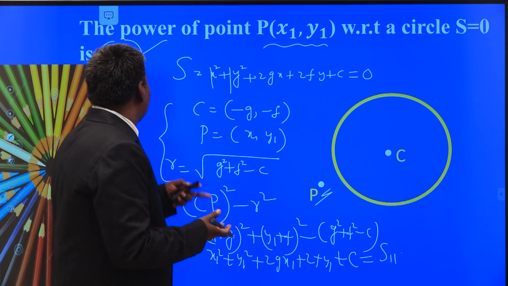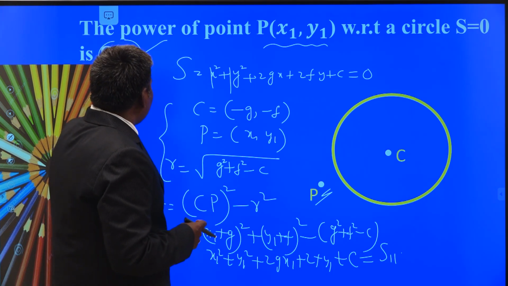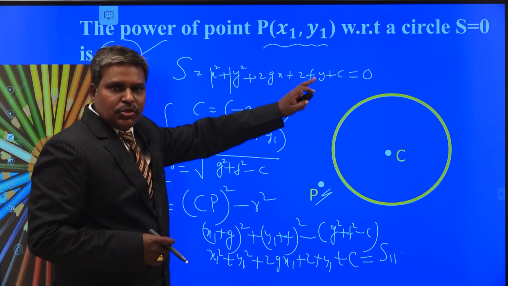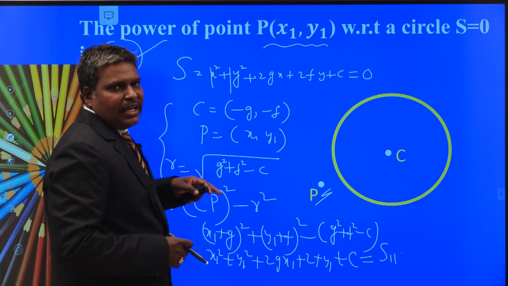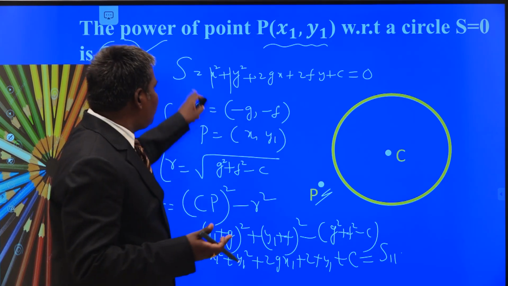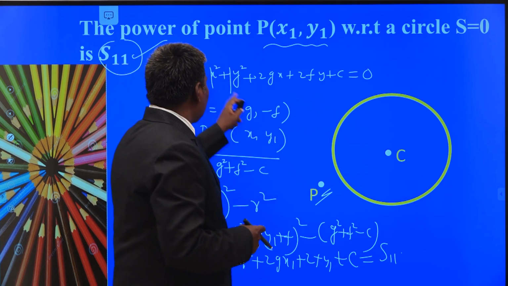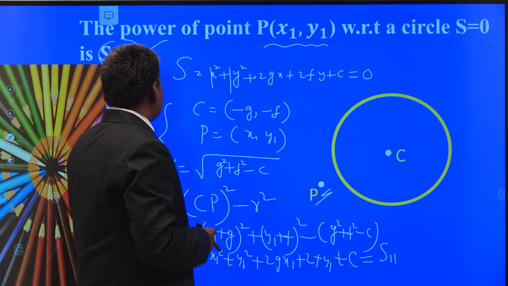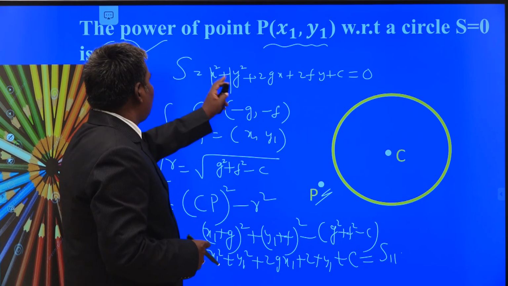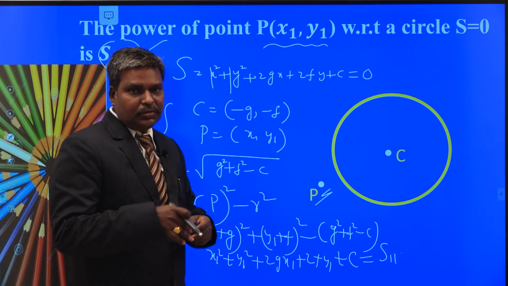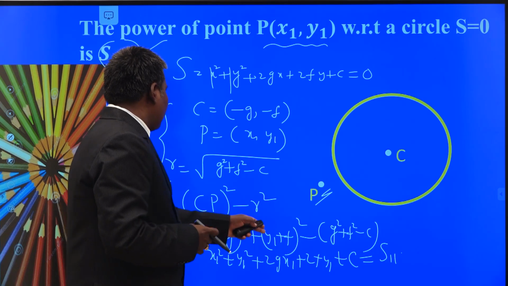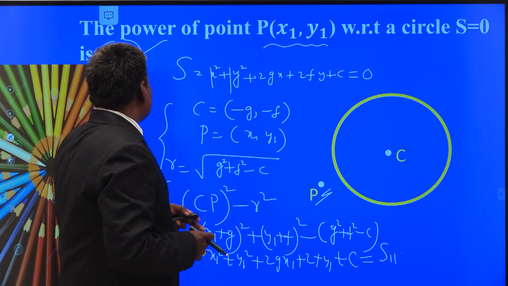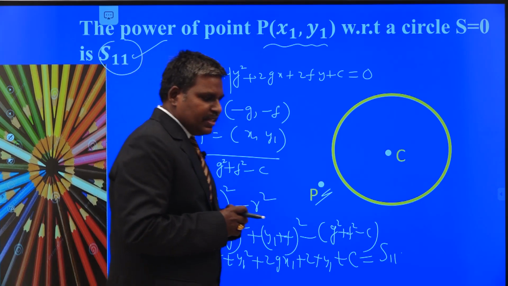S11 is defined for S, so when you write S11, your equation S must and should be in this form. Suppose you have 2x square plus 2y square; if you just substitute the point in that expression, we can't get S11. When you are going to find the power of the point as S11, your circle equation must and should be in the standard form.